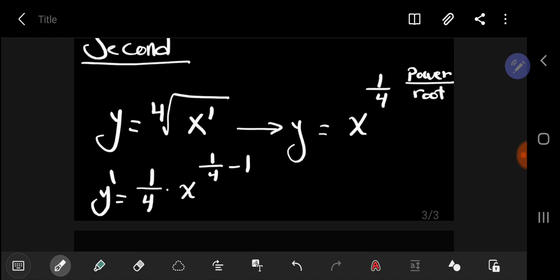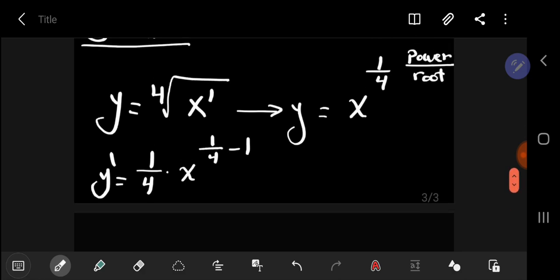So y equals x to the power 1 over 4. Why 1 over 4? Because the new power is equal to the power over the root. If I want to take the derivative of this function, I say y prime equals 1 over 4.